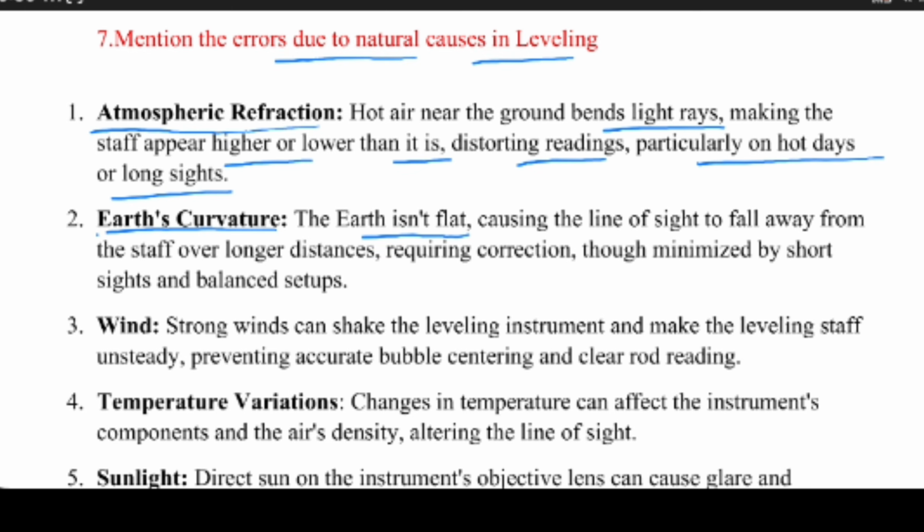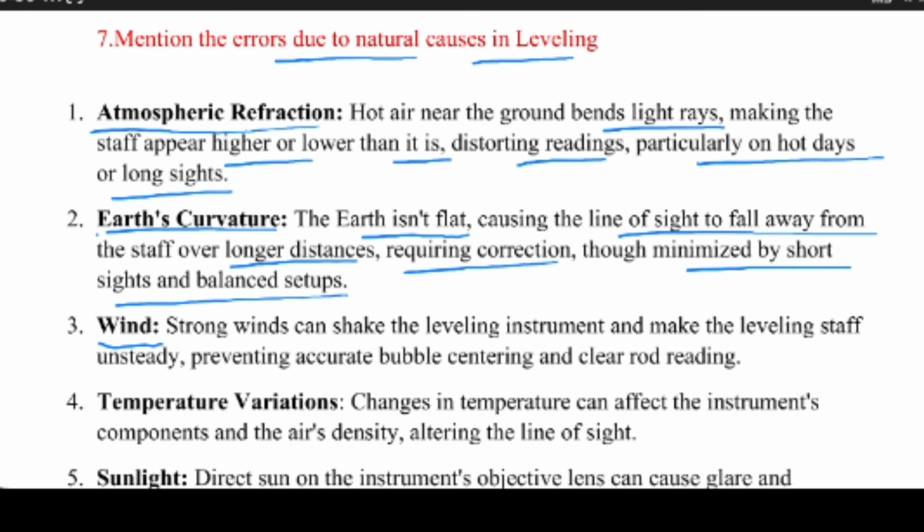The earth is not flat, so the line of sight falls away from the staff at longer distances. It requires correction and is also minimized by short sight distances and balanced setups.